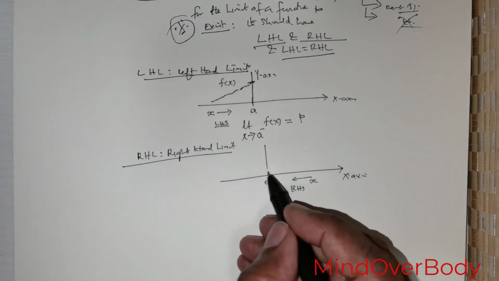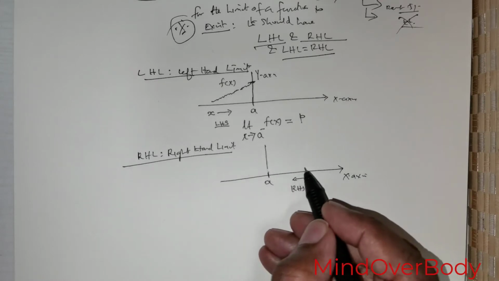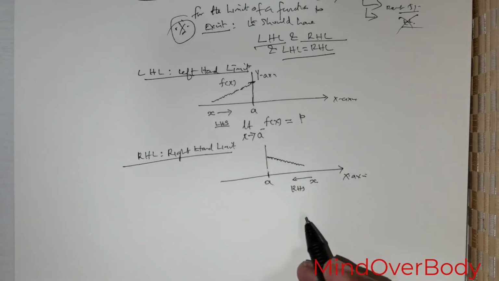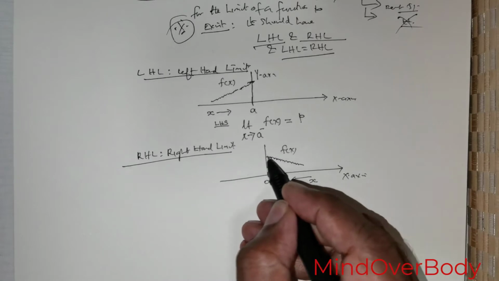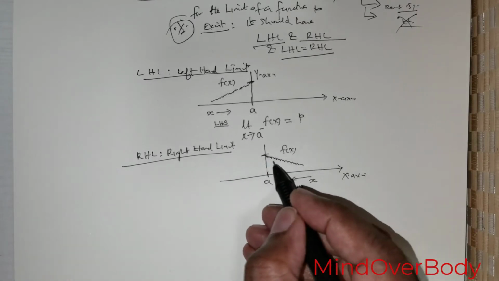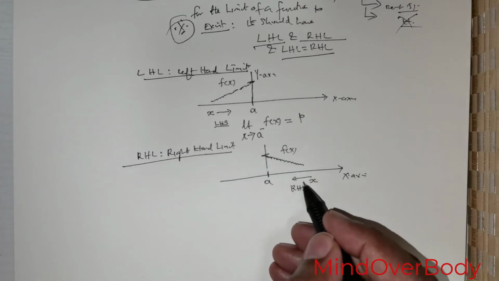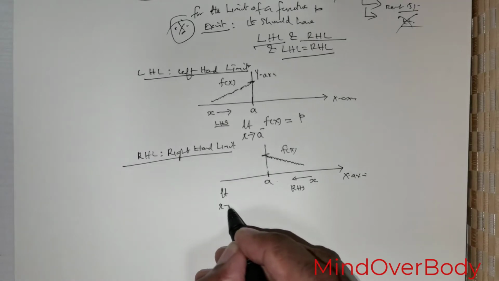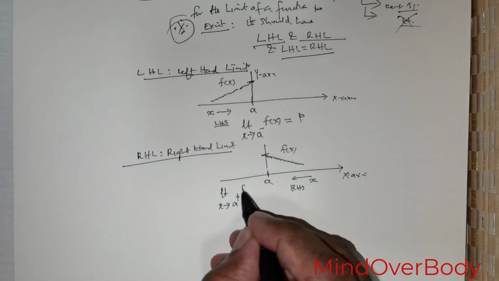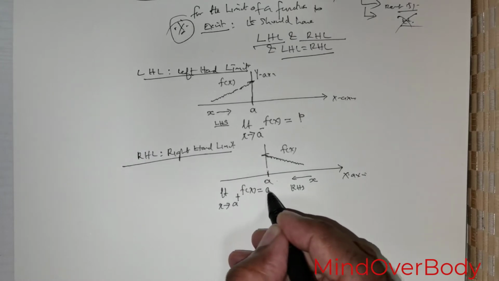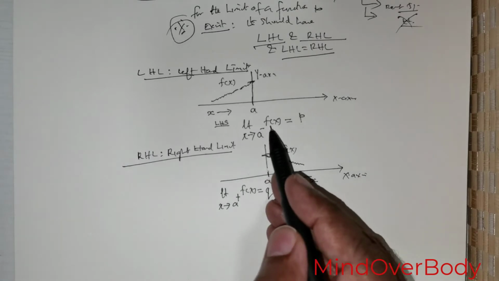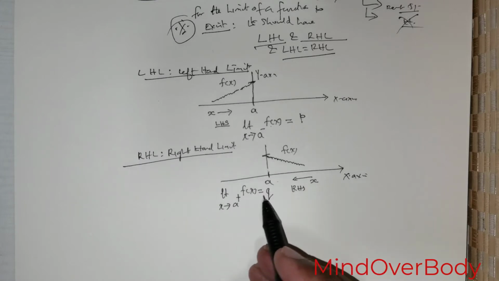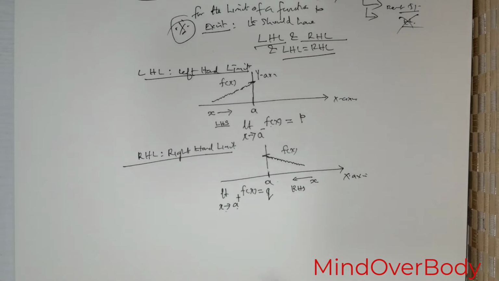Now as x is approaching A from the right hand side, the function will also be obtaining some values, and at some point the function is going to hit the y-axis, and that point will be the limit of f of x as x is approaching A from the right hand side. When we are writing, we will write it like this: x is approaching A from the right hand side, and the function is taking some value, say q. Now the function has got a value p when x is approaching A from the left hand side, and the function has got a value q when x is approaching A from the right hand side.